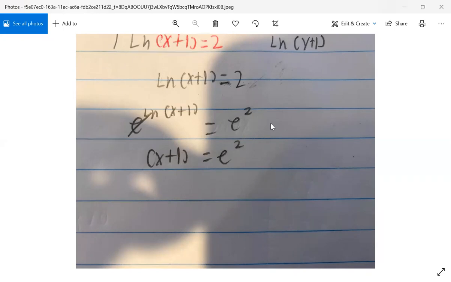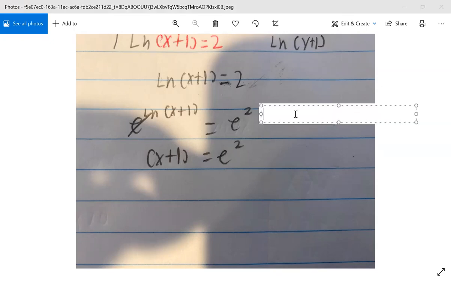Even though it's not wrong, it's entirely unnecessary, because I've seen a lot of students doing this. So I suspect some teachers teach it this way. So it's not wrong. This is my comment: not necessary.